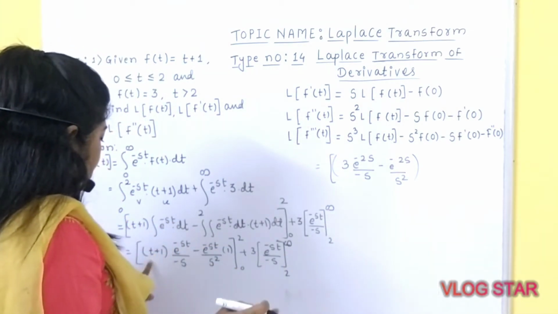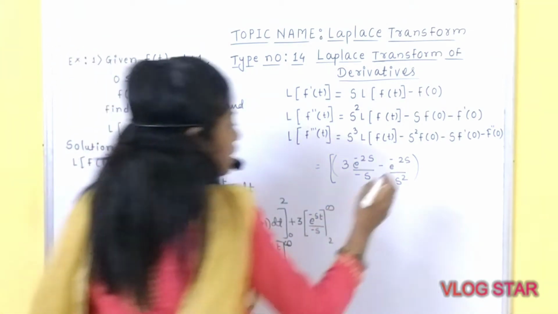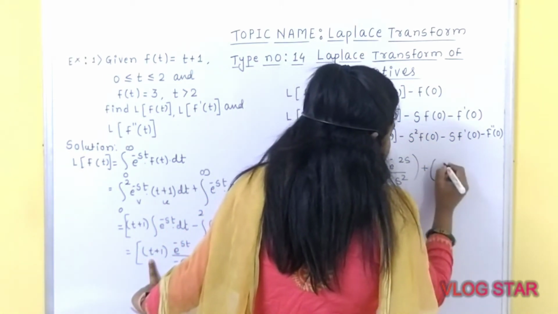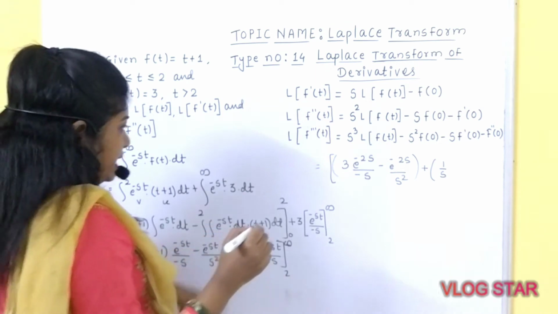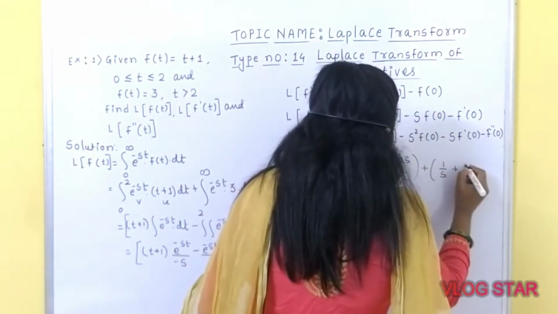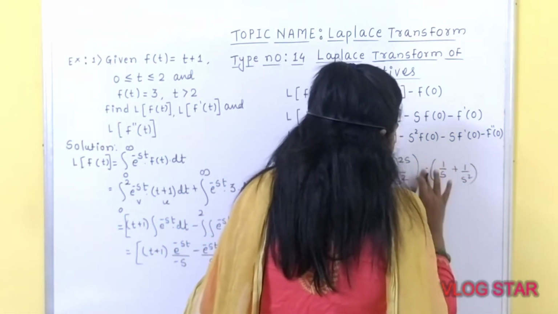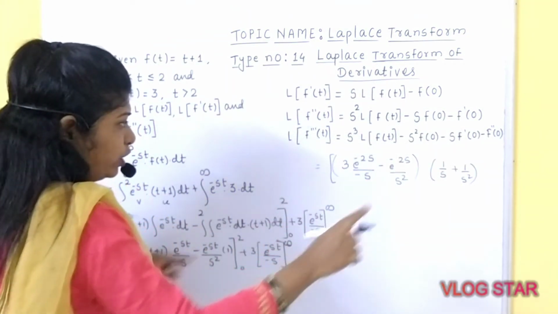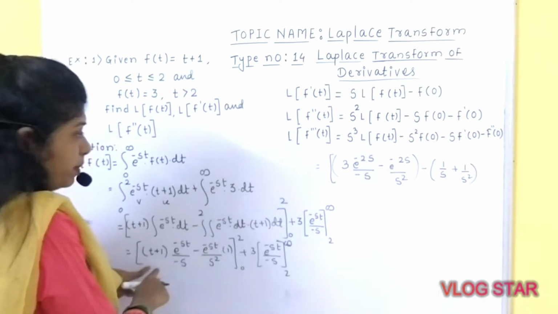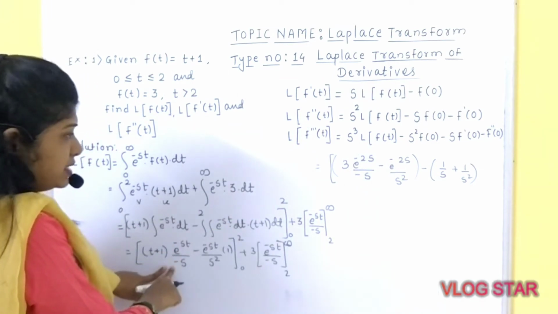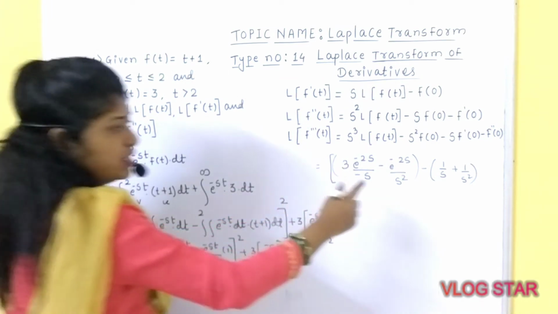If you substitute t equal to 0 here, you will get plus 1 upon s, then minus of minus, again it is plus 1 upon s square. As I told you, this is upper limit minus lower limit, so minus of minus becomes plus.